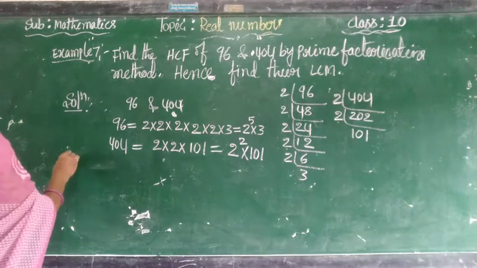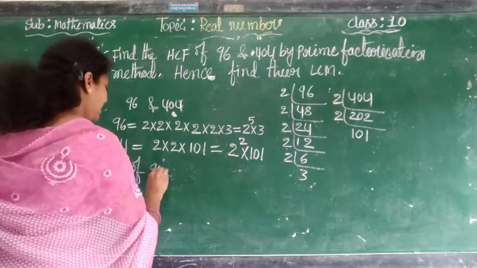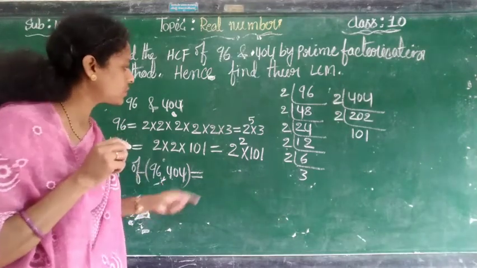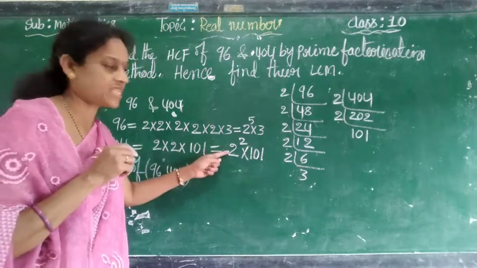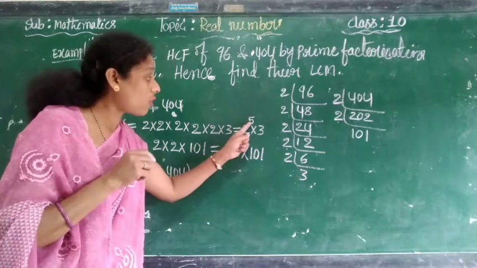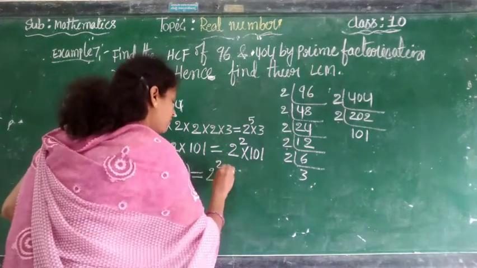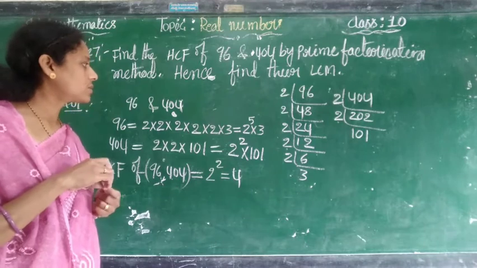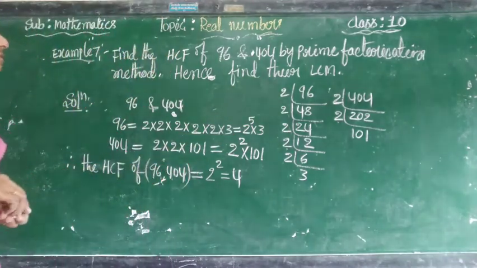So what is HCF? HCF means the smallest power of each common prime factor, that is 2 to the power of 2. 2 to the power of 2 is equal to 4. So the HCF is 4. Hence find their LCM.